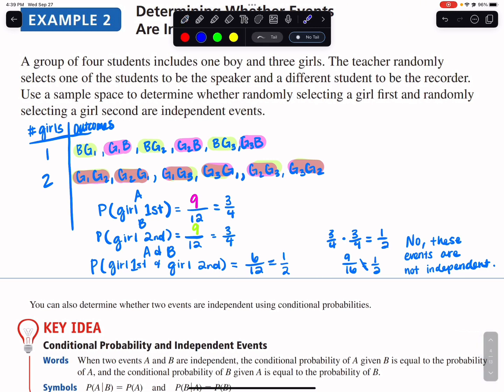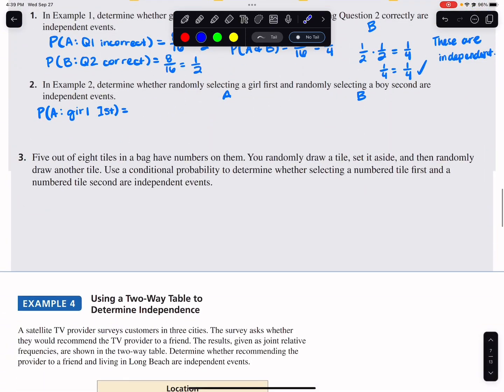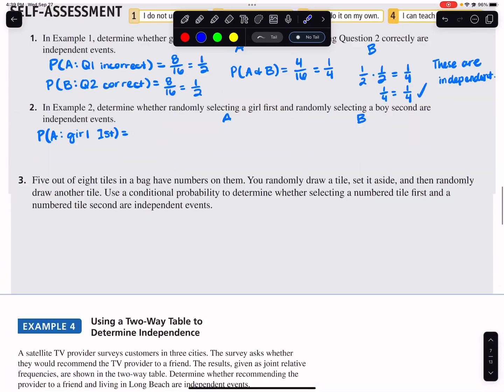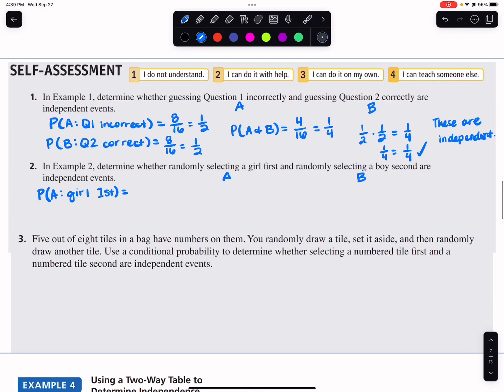Girl first, I have 1, 2, 3, 4, 5, 6, 7, 8, 9. I forgot the total. Total is 12. Okay, so 9 out of 12, which simplifies to be 3 over 4.